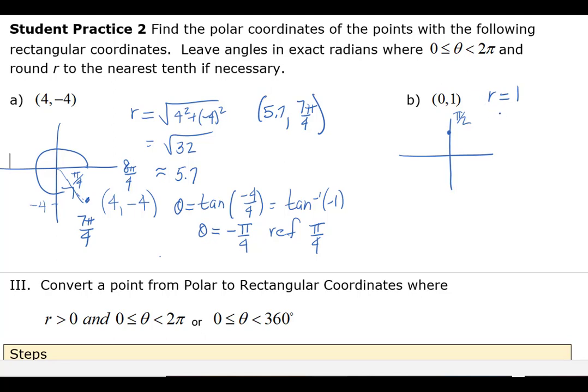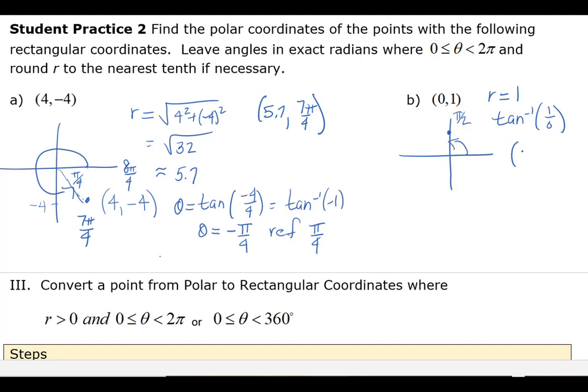And if I try to do inverse tan of 1 over 0, I'm going to get an error. But I know that the angle already is pi over 2. So because the tangent of pi over 2 is undefined, the calculator really isn't going to help me here. I just know by looking at this that angle is pi over 2.